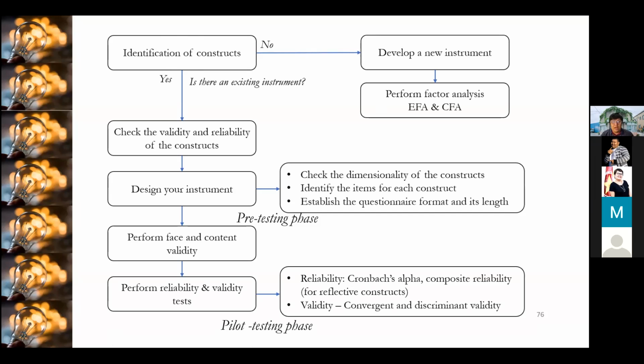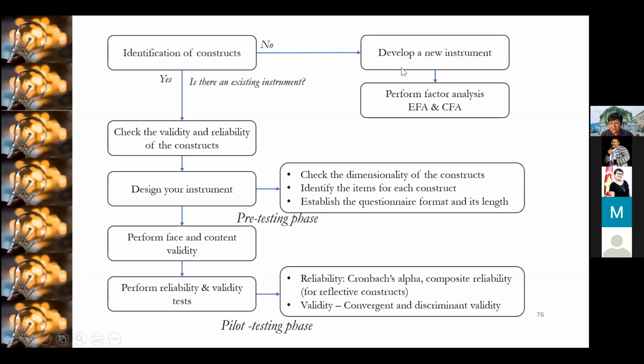So yesterday, the last topic that I presented was all about how we will be able to establish our research instruments. And we mentioned in establishing our research instruments, you need to have the idea whether there's an existing instrument or measurement for a particular construct. And if there's none, of course, we need to develop a new instrument.